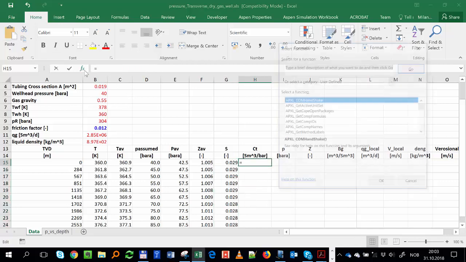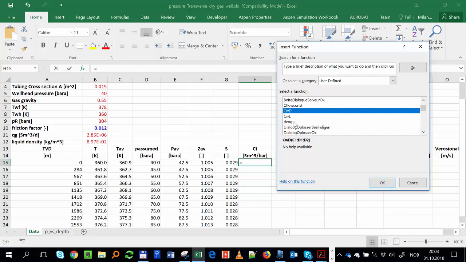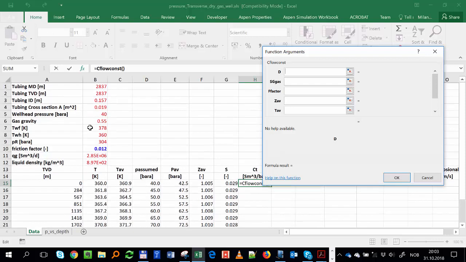Let's find the function. It's called CT. I think it's called C flow constant, I think. And that's using the diameter. That should be in meters. The diameter is tubing ID here, B3, and I have to block it.